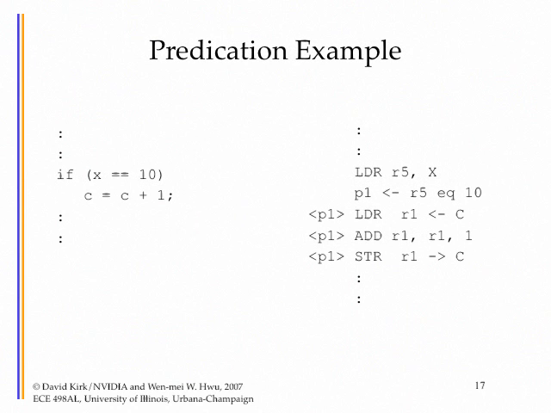So predication in a piece of code typically looks like this. If you have an if-then-else statement, let's say if x is equal to 10, then you do the addition of C. And this is slide 18. What you would do with predicated code is do the testing of x equal to 10, and then set a Boolean variable. So this takes an extra instruction to set that Boolean variable.